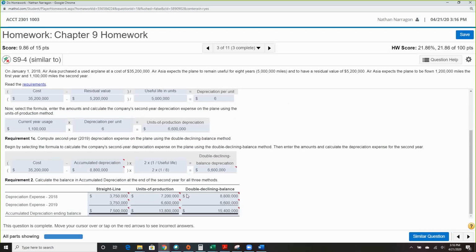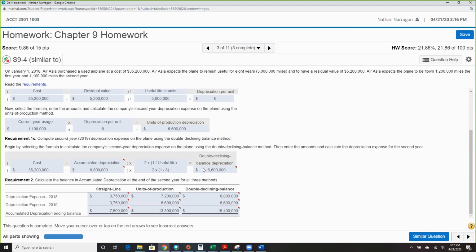So this one may end up becoming more of a bugaboo. Units of output's pretty easy. We've already calculated. But this, okay, there's our double decline depreciation. I'm reading it as accumulated. So this is prior. So this is already figured out. We figured that out. So that'd be 2018.